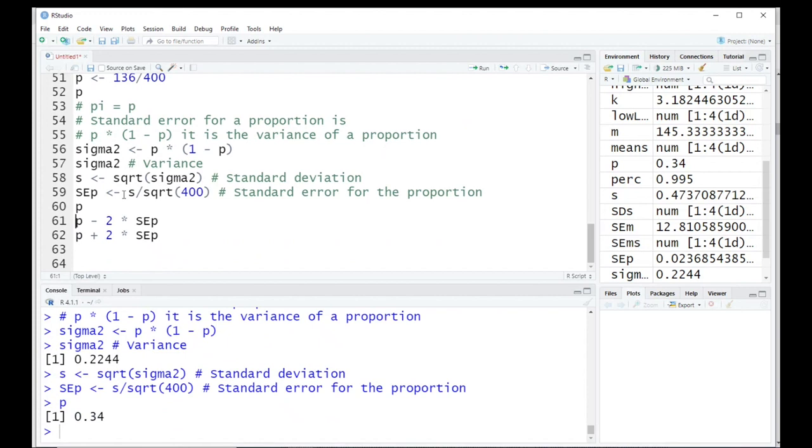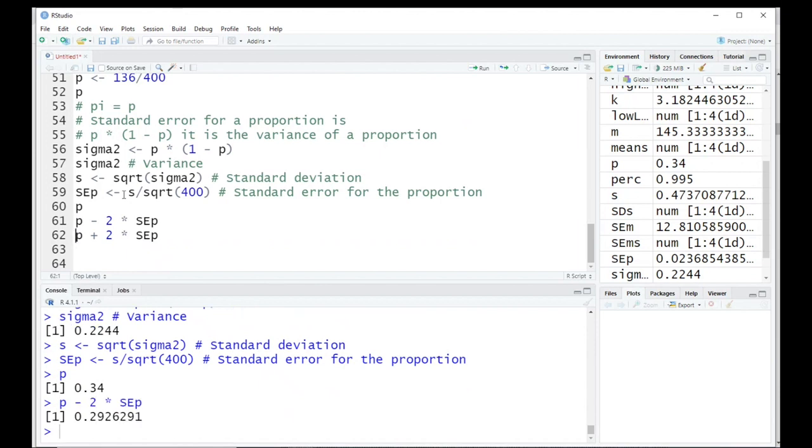We use the standard error of the proportion to build an interval by adding and subtracting from the mean a multiple of the standard error. And the multiplier in this case should be 2, simply because we have 400 individuals, so a lot of individuals, and we can use a simple multiplier, because that would be a good approximation.